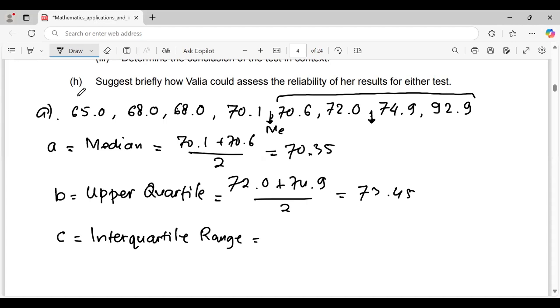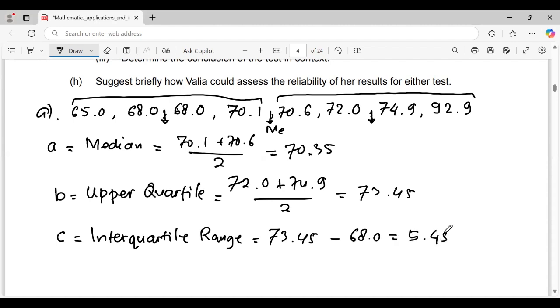So we're going to find the lower quartile. Upper quartile, this one, 73.45. So we need to determine first the lower quartile between these numbers 1, 2, 3, 4. So here, the lower quartile, 68 plus 68 divided by 2, 68.0. And the result is 5.45. Sorry.